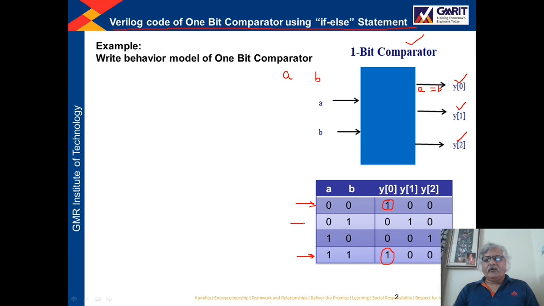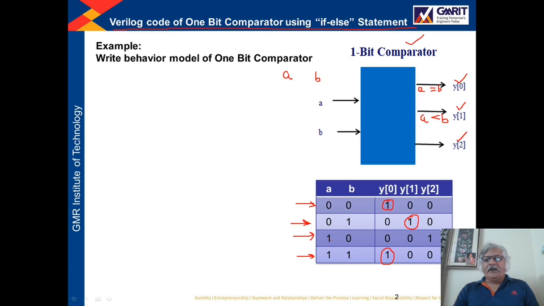So basically the Y0 output is giving me 1 if A and B are the same. Now come to row number 2. If A is 0 and B is 1, meaning A is less than B, in this case the output Y1 will be high. So output Y1 is high if bit A is less than B. Now come to row number 3.